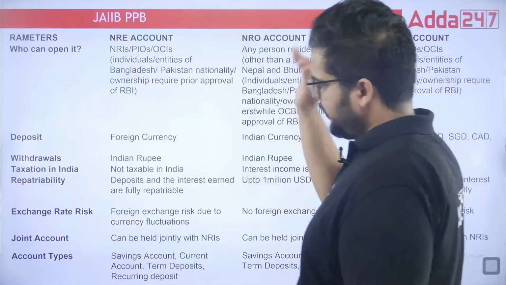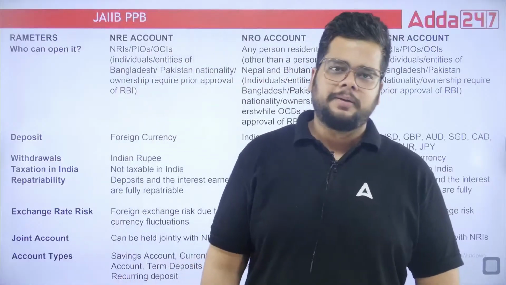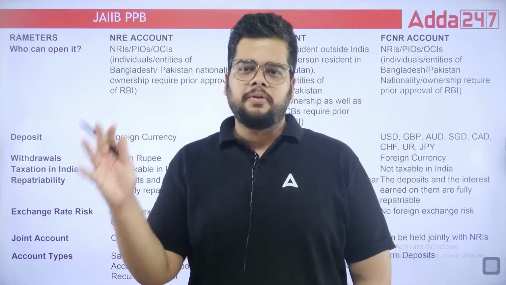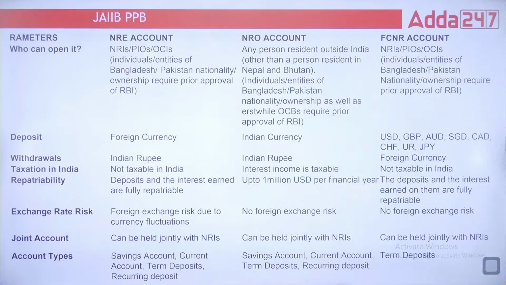So let's get started. First of all, let's jump on to the most important topic, or for that matter, the distinguishing factor between various accounts, which are NRE, NRO and FCNR.